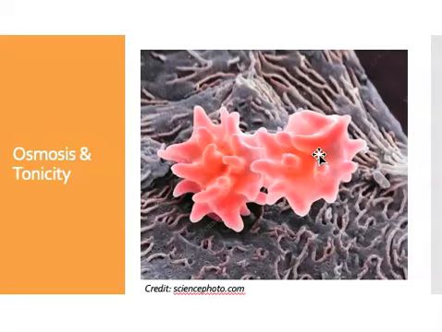So osmosis occurred. Osmosis caused water to flow out of the red blood cell and into this environment where there was a high concentration of particle. And that movement of water caused the volume of cytoplasm to go down and down and down until this crenation occurred.